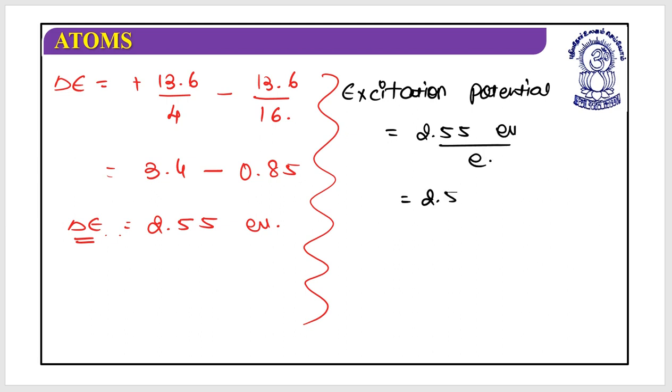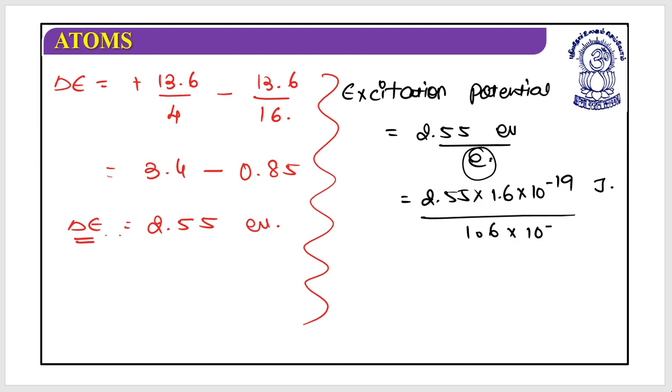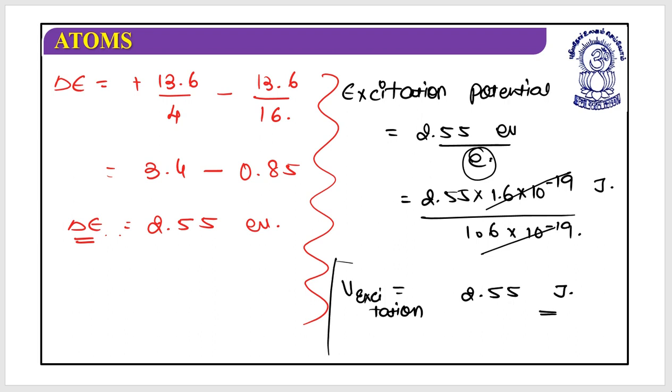Basically this is 2.55 eV, that means 1.6 into 10 to the power minus 19 joule divided by e, the charge of an electron, which is 1.6 into 10 to the power minus 19. This cancels out. So this excitation potential, V excitation, would be equal to 2.55 volt. That's it. You got it right. Correct. I hope this is clear.